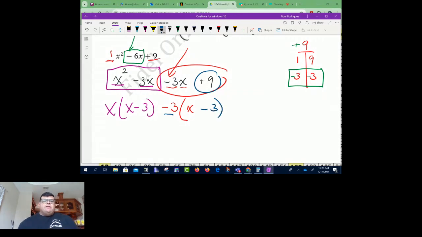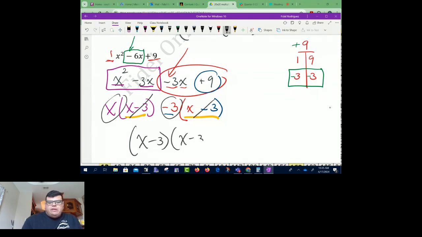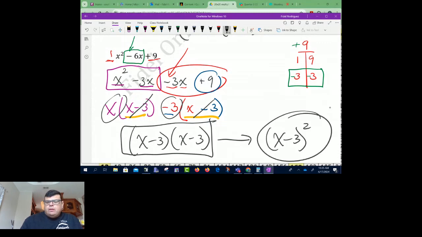That's still another negative 3, right? Okay, this piece here match up? Yes. X minus 3 from here. And guess what? Another x minus 3 from here. Y'all, you got two options. You can write it like this, or you can write it like that because it's the same factor being squared, right?